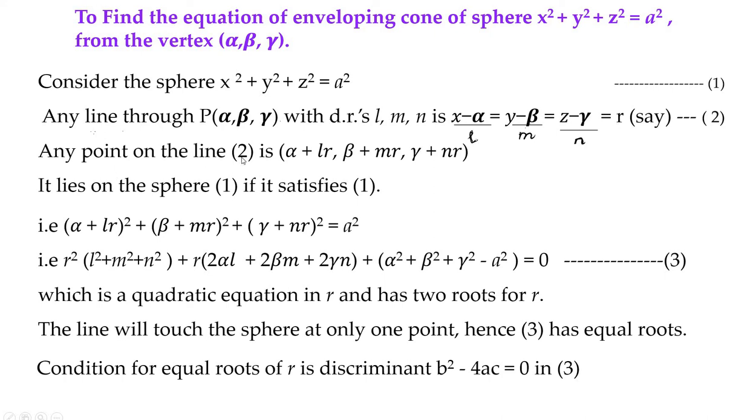So any point on the line you can write as rl plus alpha, rm plus beta, rn plus gamma. So you have this.